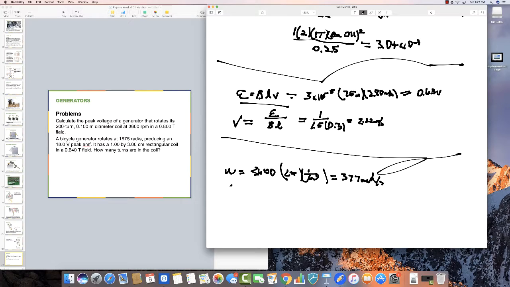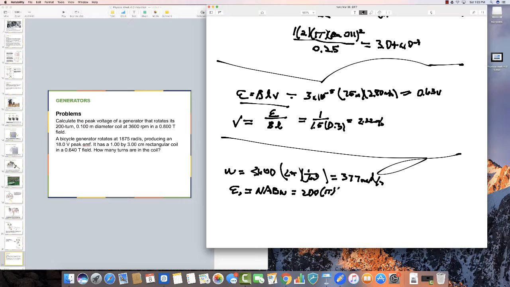Now, E equals the number of turns times the area times the magnetic field, and now instead of V, we would use the angular velocity here, omega. So we have 200, and the area is calculated because it has a circular coil. It's going to be pi r squared.